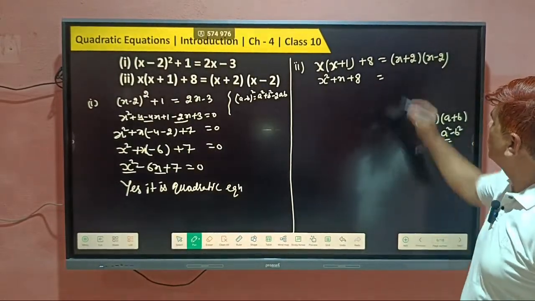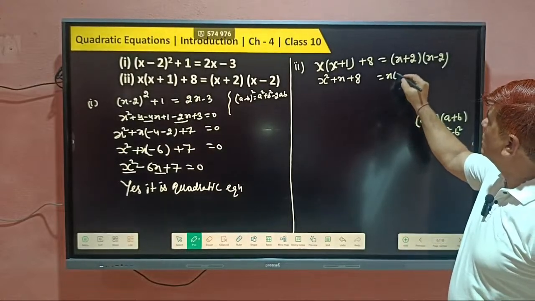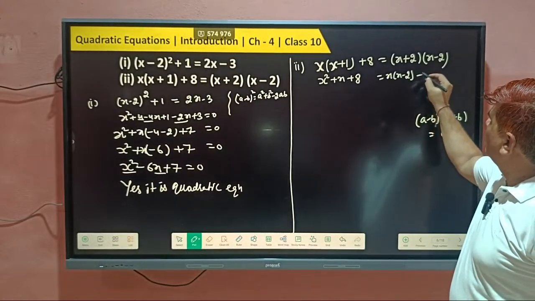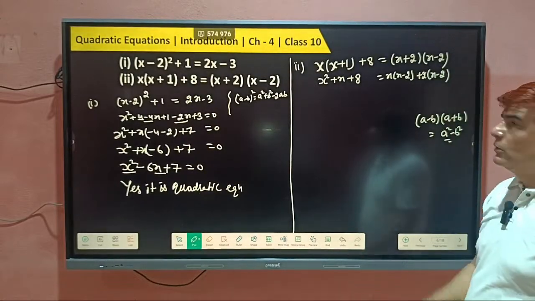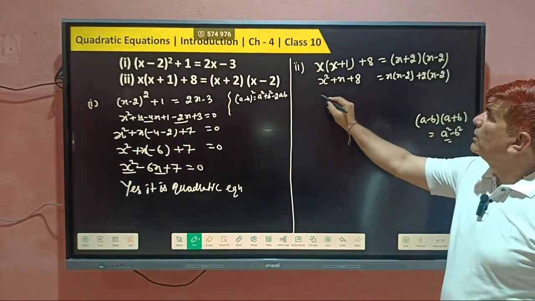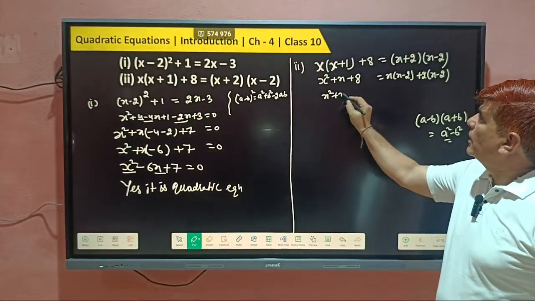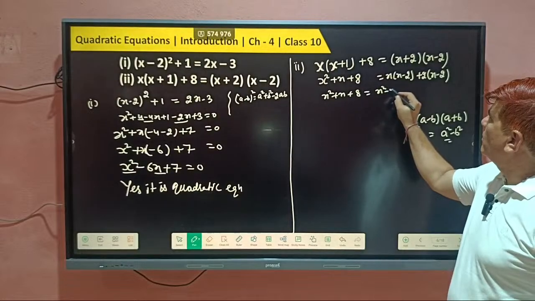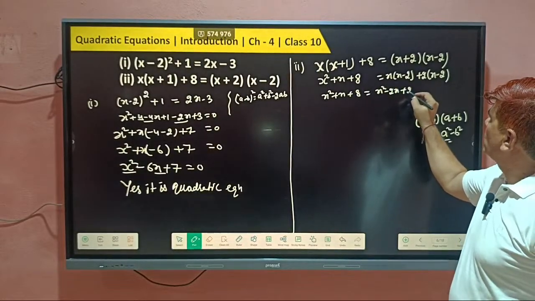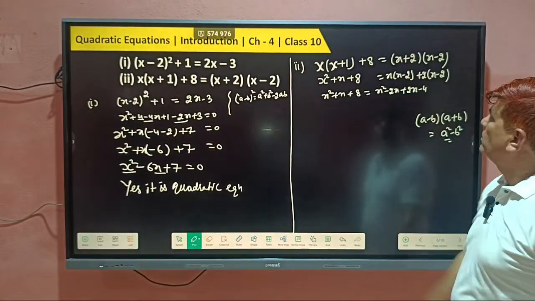But if you don't know, you can multiply x with x minus 2 and plus 2 with x minus 2. So this is x square plus x plus 8 equal to x square minus 2x plus 2x minus 4.